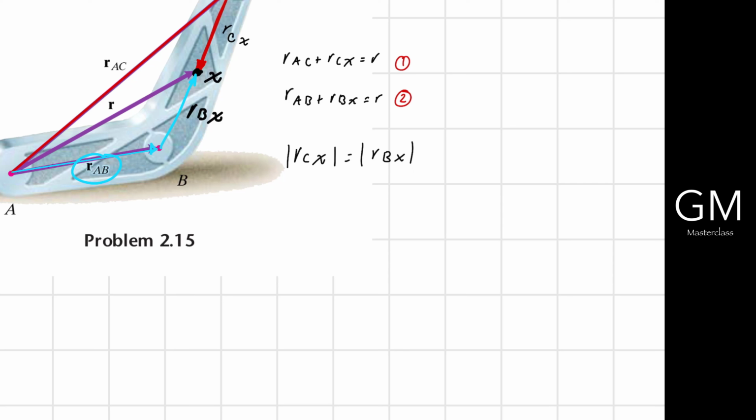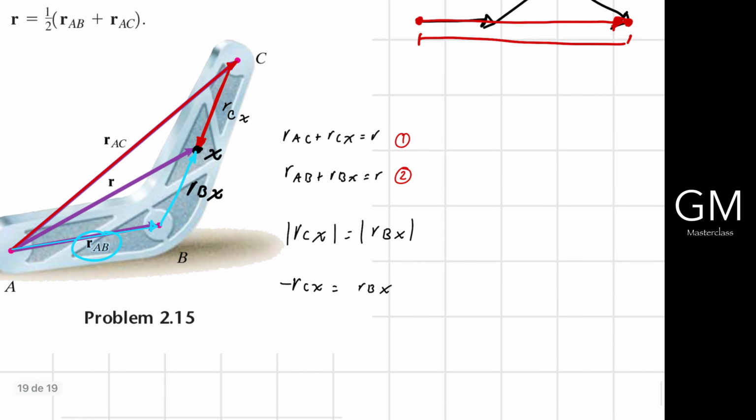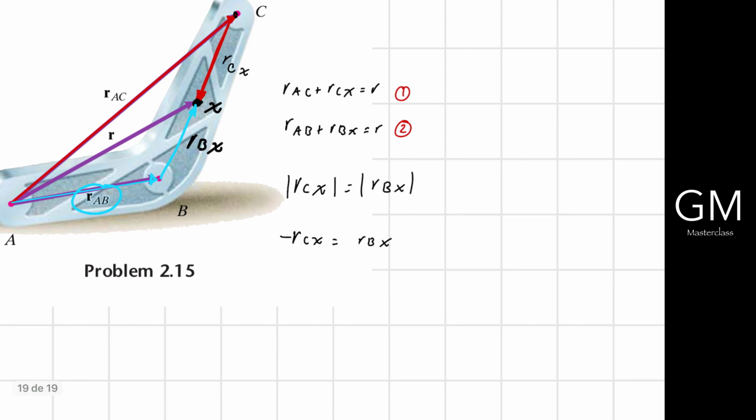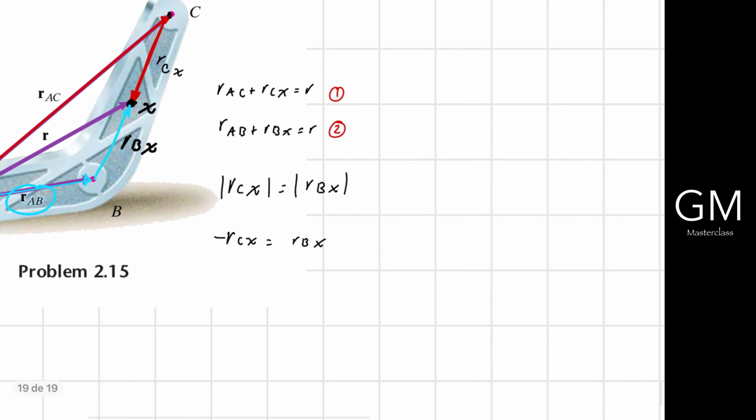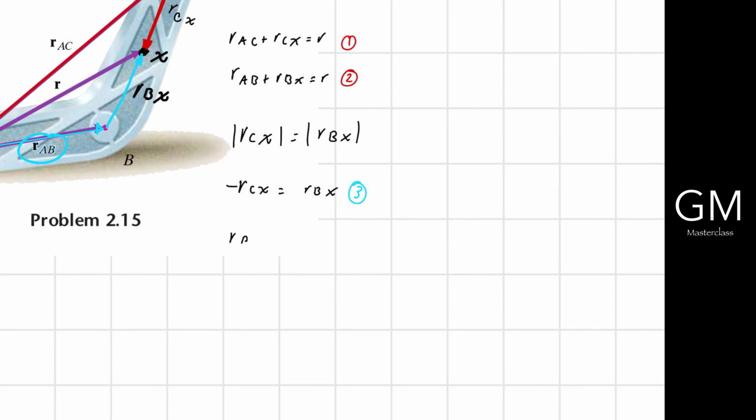Hence, the sign is different for one of them. r_CX is going to be equal to minus r_BX, for example. Or, as I was saying before, this is also true. It depends on the point of reference. I said it again in case you do not understand what I'm saying. Alright, so this is going to be my third equation. Why is that? Because right here I can see that r_BX plus r_CX is going to be equal to 0.